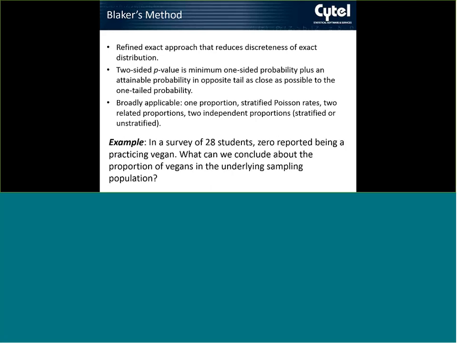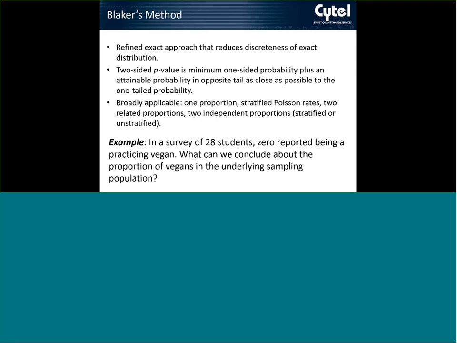Well, as you can see, because 0 self-reported being a practicing vegan, that makes it impossible to use any kind of asymptotic inference. In other words, the observed proportion plus or minus some number of standard errors, because the standard error in this case is going to be undefined as well with 0 successes.